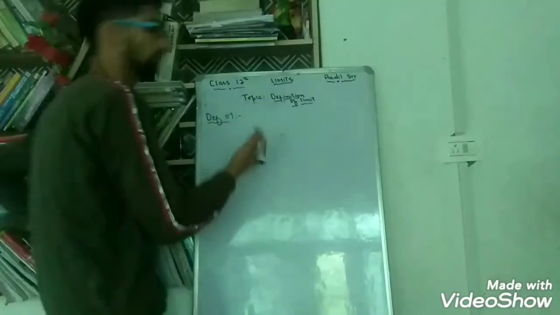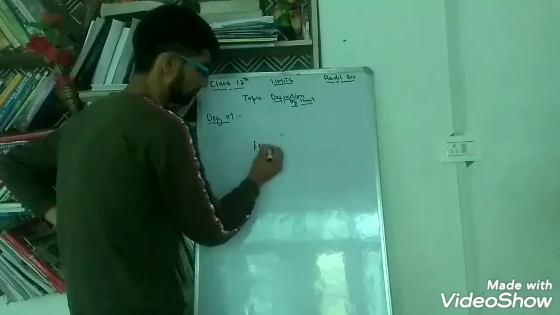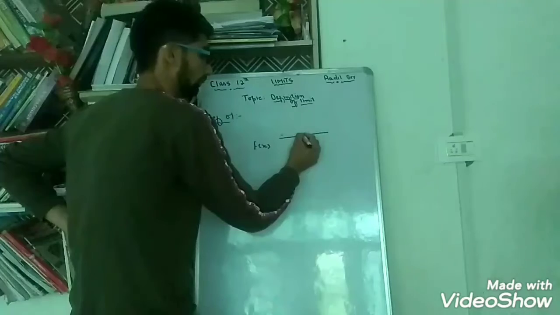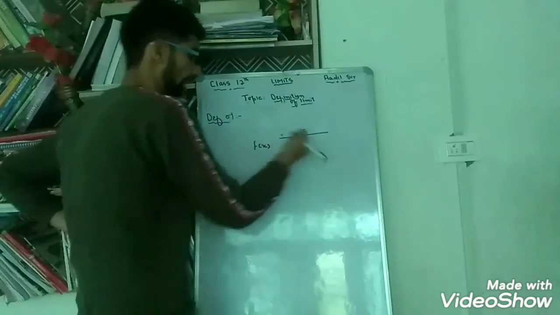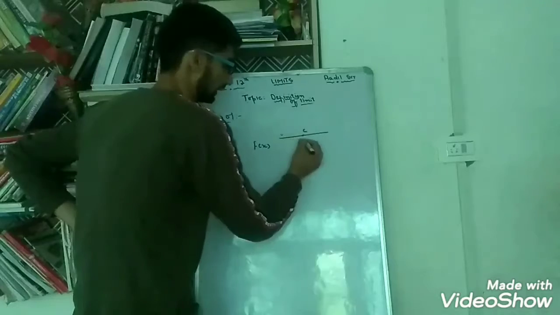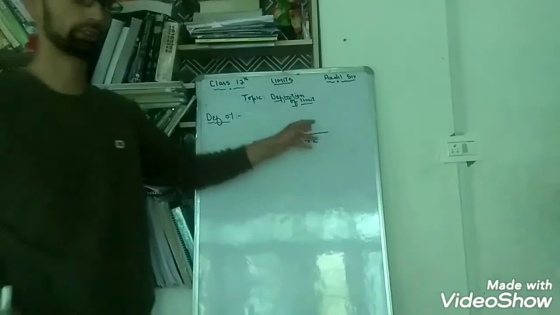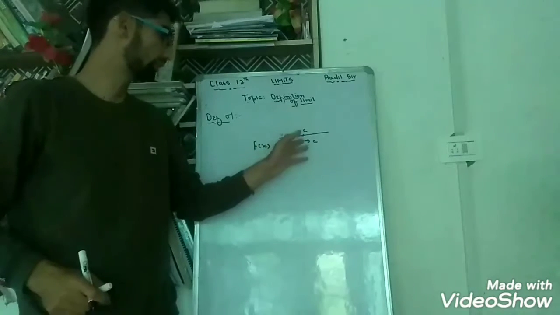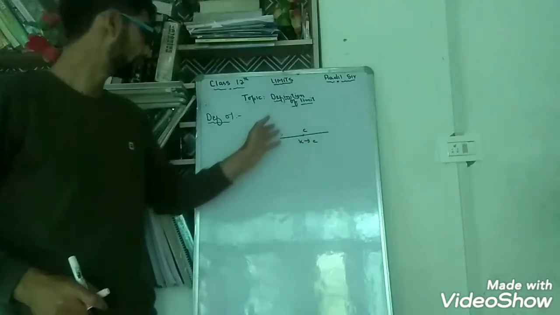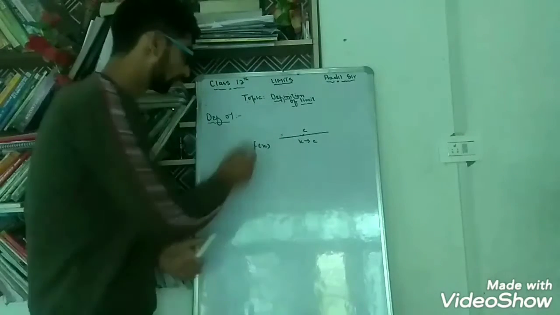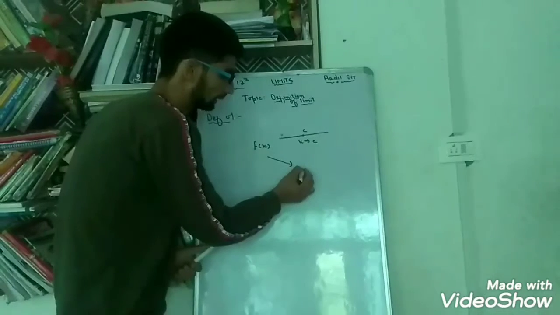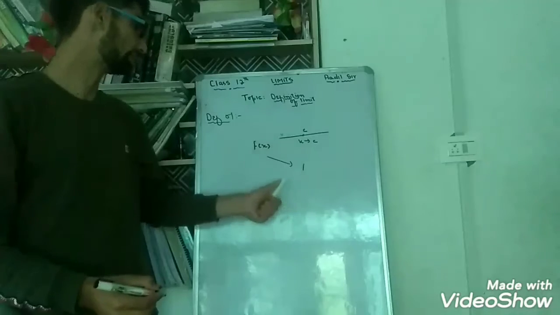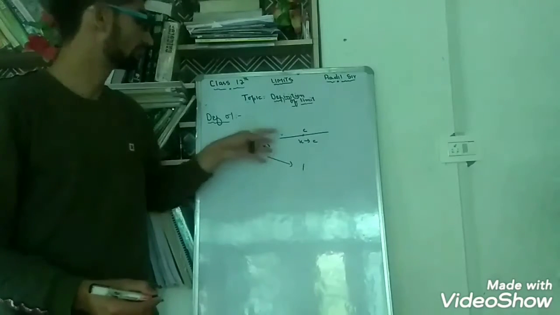If we have a function f of x, and if we have a point c such that the values of x are tending to c, if the values of x are close to c, and at that time the values of f of x are getting close to some real number, that is L, at that time we are saying f of x has limit L.